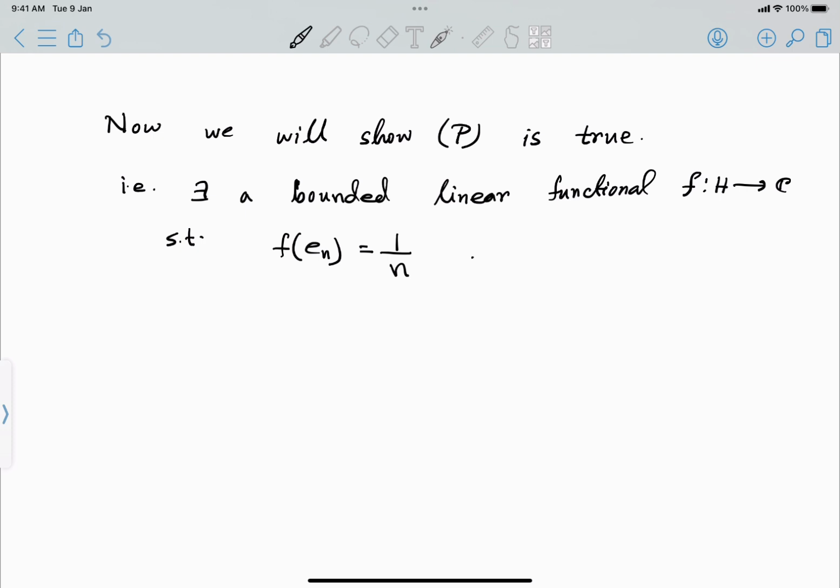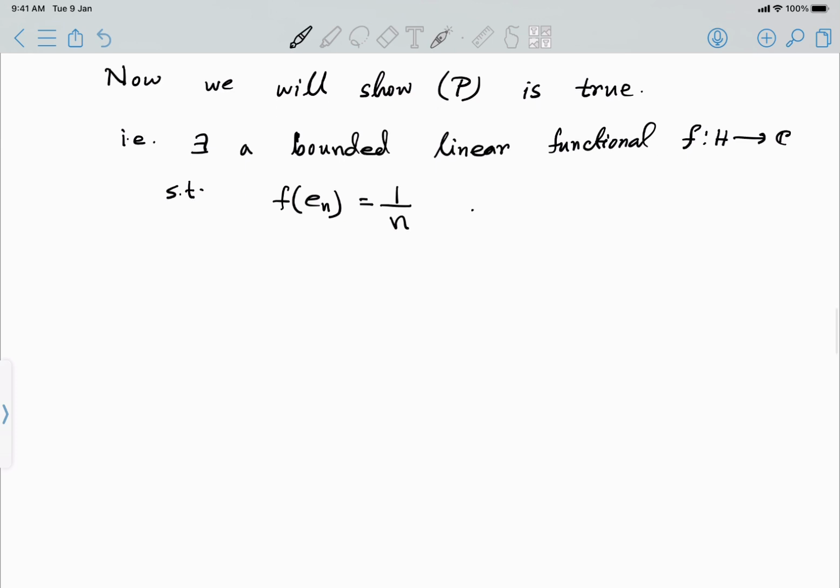So we have to construct a bounded linear functional which, at the vector En, gives the value 1 by n. So how to construct such a bounded linear functional? Let's see. We have to define f from H to C, f of x.